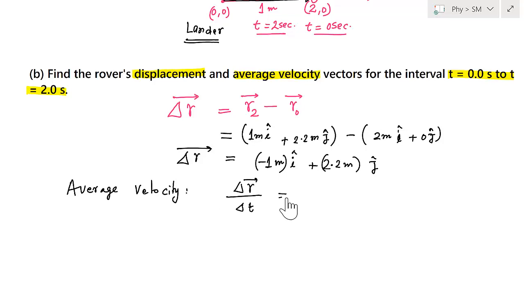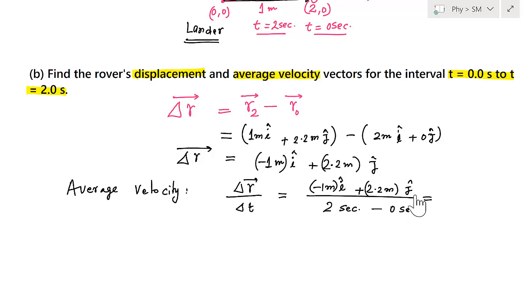So we calculated the change in position vector, that is minus 1 meter i cap plus 2.2 meter j cap, and this divided by, because we are calculating average velocity between 2 second and 0 second, 2 second minus 0 second.